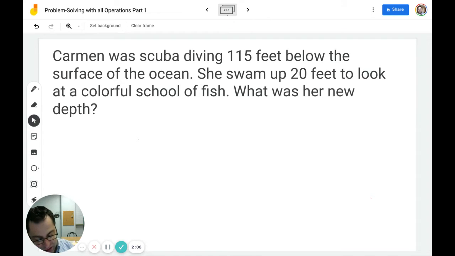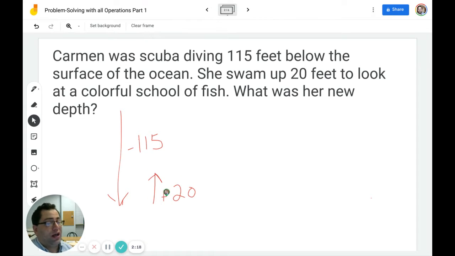So in other words, this time here we have Carmen going a negative 115, and then she's coming back up 20. Well, that's a positive 20, right? As we're heading towards the positive. So we have negative 115. We just have to combine these numbers now. Negative 115 plus 20. So I have a negative and a positive, so I am going to subtract.